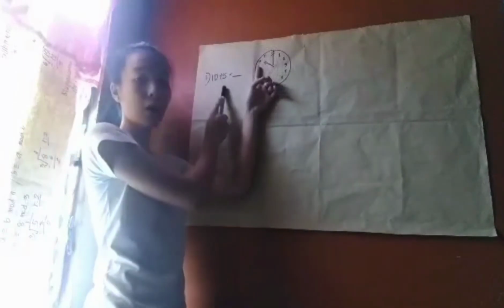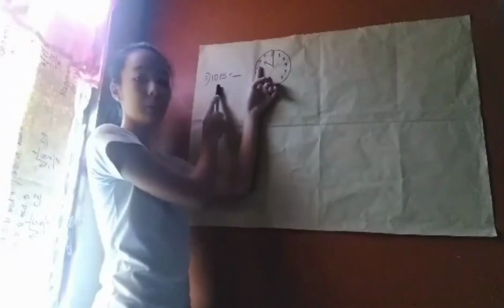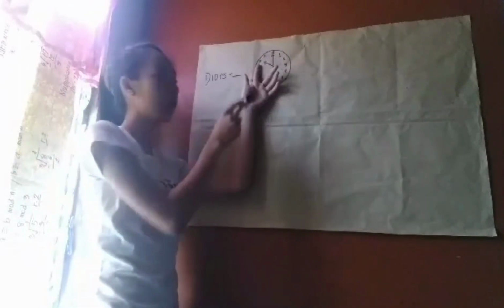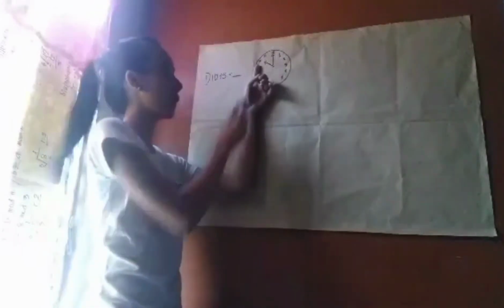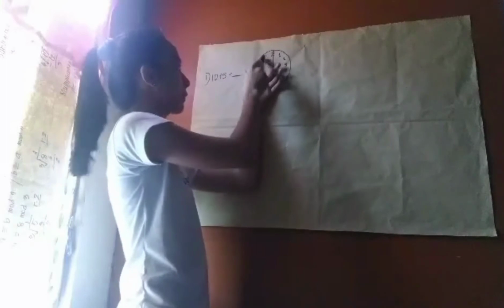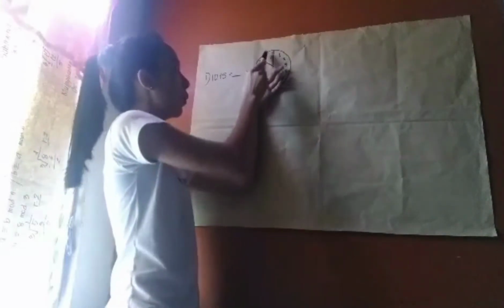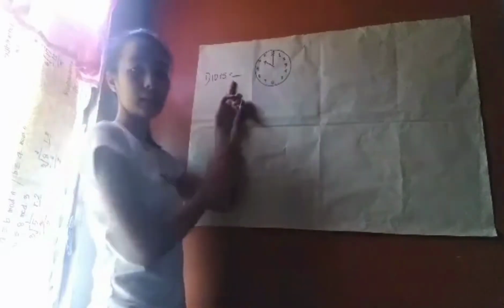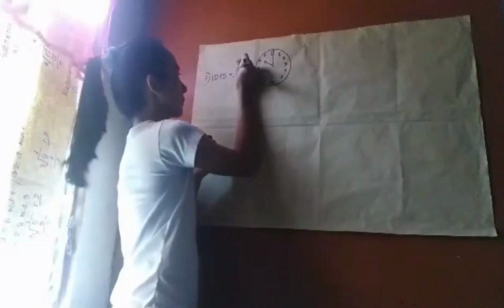Since you are using the positive sign, you're going to count clockwise. From 10, you count 5 times clockwise: 1, 2, 3, 4, 5. So 10 plus 5 is 3. Next example.